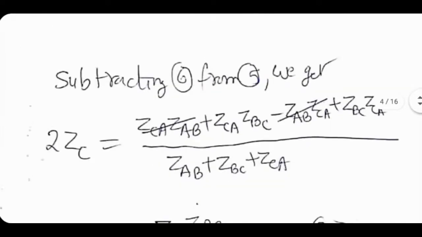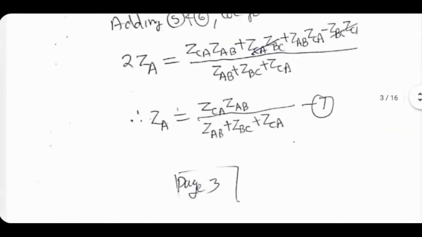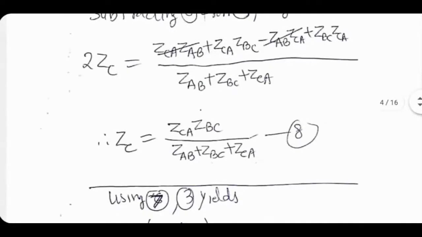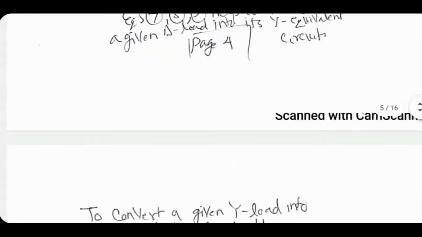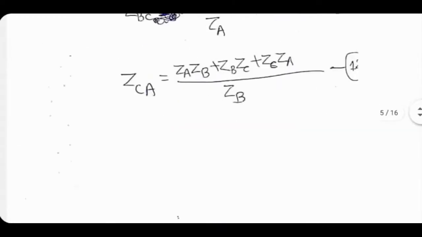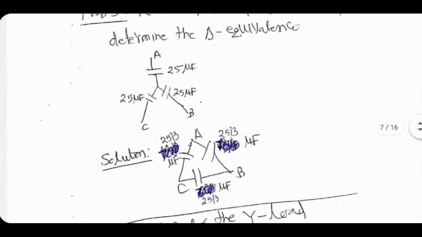Instead of Z, you have got R, so purely real values. RA will be RCA, RAB divided by this sum, RAB plus RBC plus RCA. And for RC, this formula, all Z's are R's in this particular case. So use these formulas. Hopefully, you will be able to verify the accuracy of the answers given.